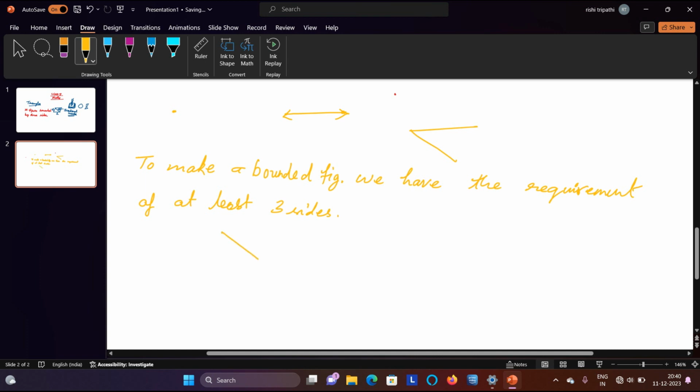So a figure bounded by three sides will be called a triangle.